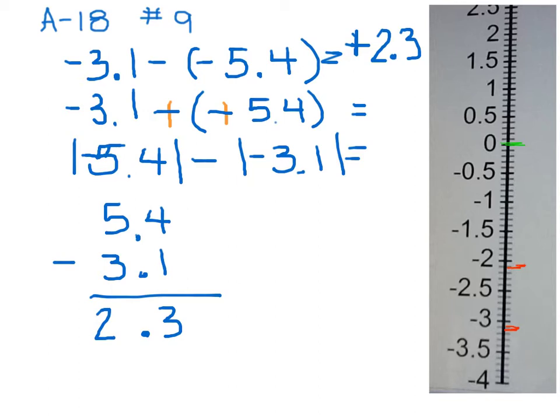I go up another 1, so this distance here is 1. I go up another one to negative 1 1/10, and this distance is plus another 1. So now we've added 2 to that, and now we go up yet another 1, and that's going to put me just below that 0 line, right here at negative 1/10.